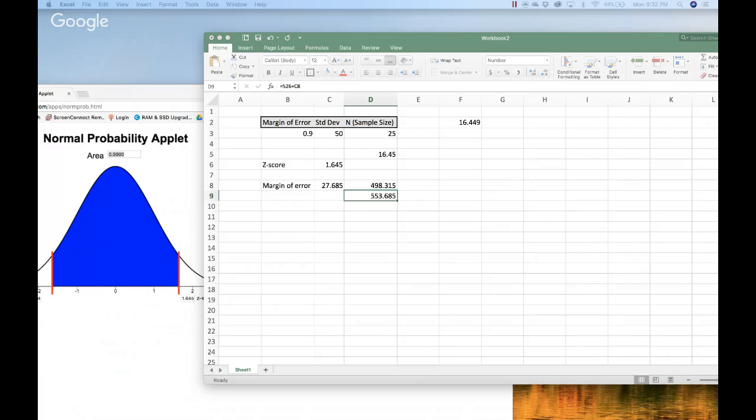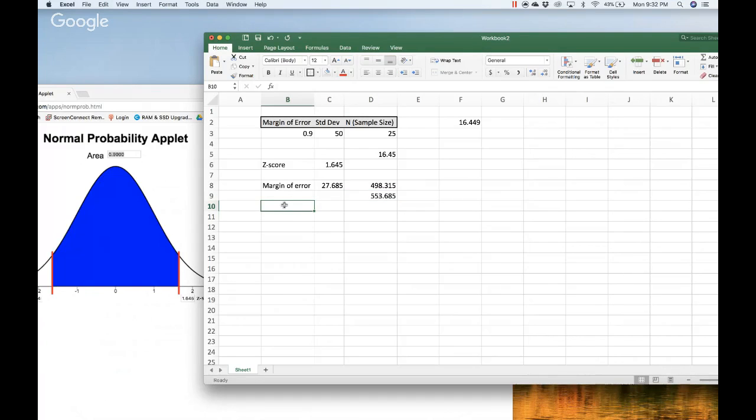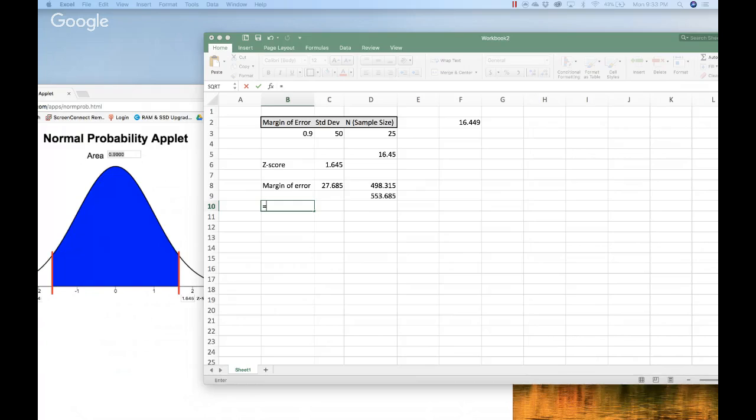What sample size do they need? So they need 1.96, and then 400. The 50 is the margin of error. So we have 1.96 times.